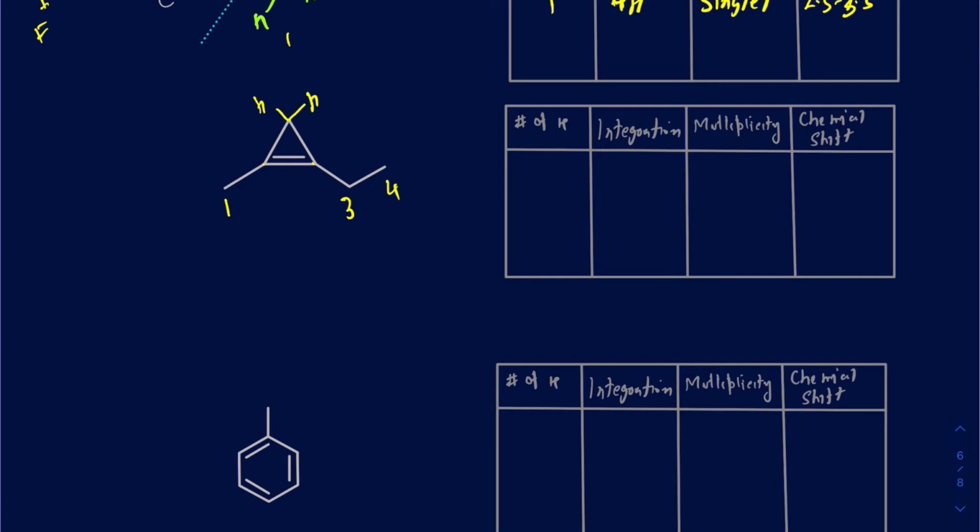Typically, the protons on a cyclopropyl group, like in this case, the cyclopropene group you have here, those protons don't really show up together just because one of them is going to be axial and the other one is going to be equatorial. And you can't really flip those that easily. As a result, they will show up differently on the chemical shift. So as a result, I'll call this 5 and call this 6.